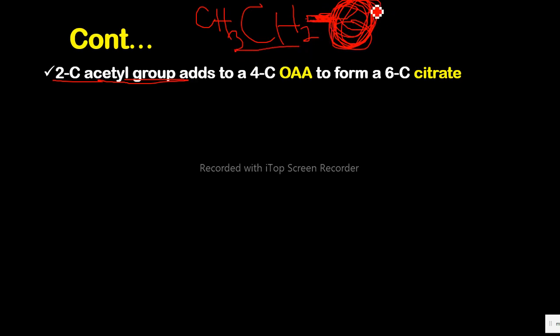So it is this enzyme that will now transport it to form acetyl-CoA. Now it is this acetyl-CoA that will be transported within the matrix and bind with oxaloacetic acid, OAA. Now you are adding 2 carbons to a 4-carbon compound, oxaloacetic acid, to form a 6-carbon compound, citric acid or citrate.